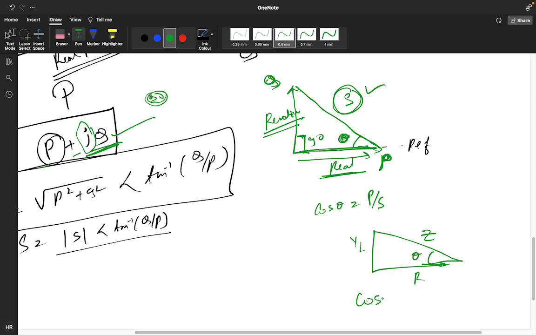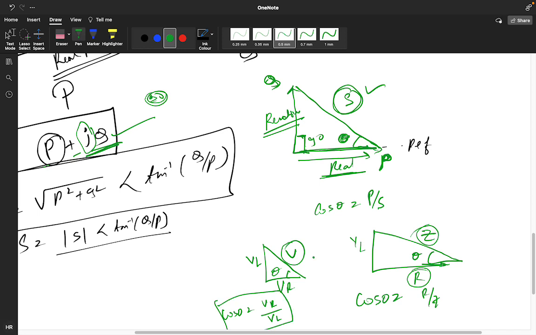So cos theta can also be written as R by Z, base by hypotenuse, right? We have VL here, this is your VR, this is your net voltage, and this is your theta. Cos theta can also be written as VR by V, right?